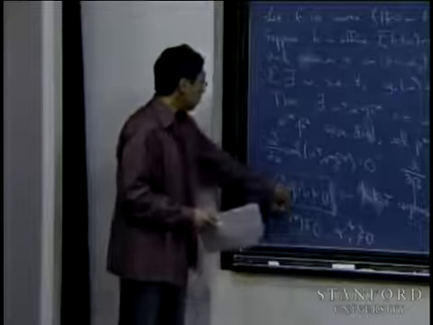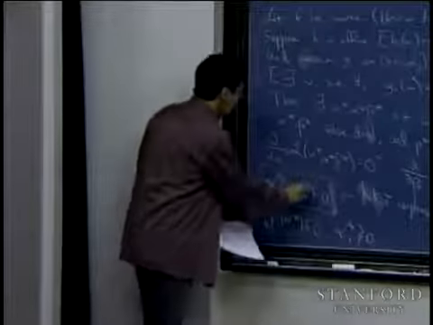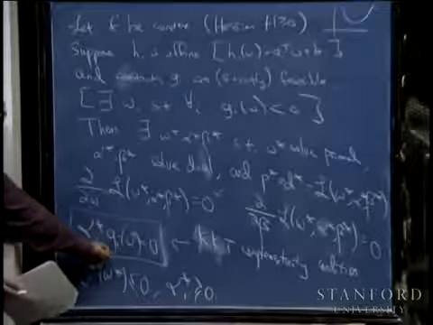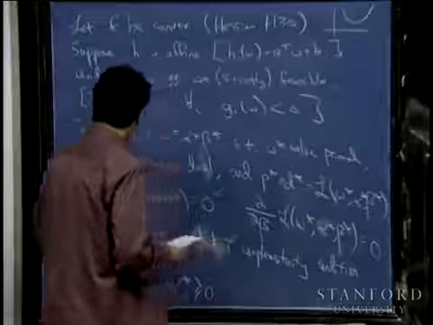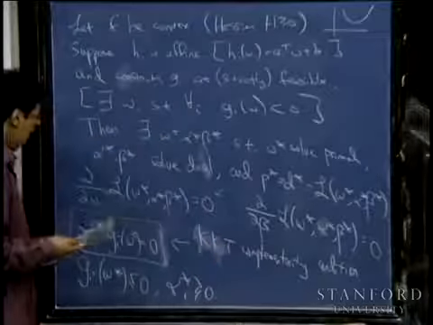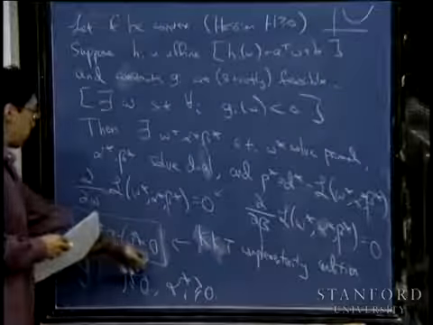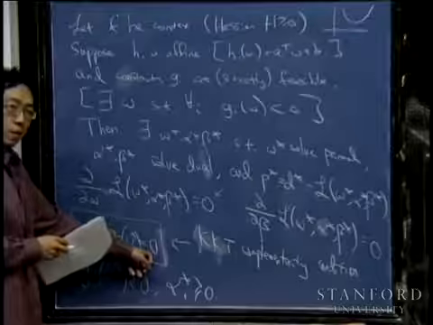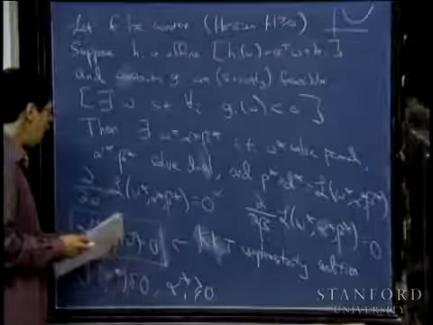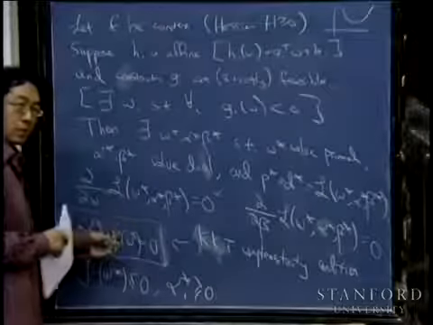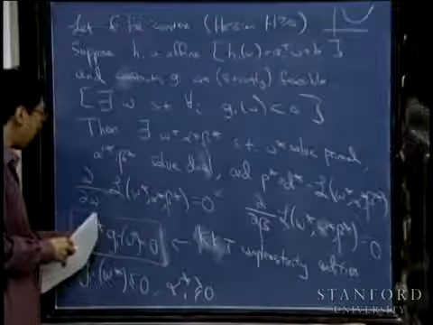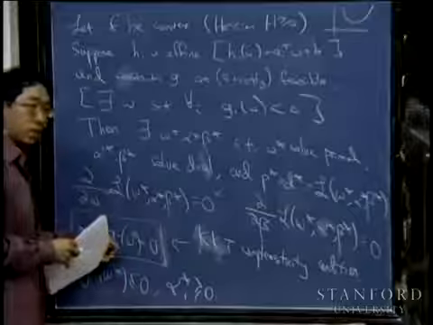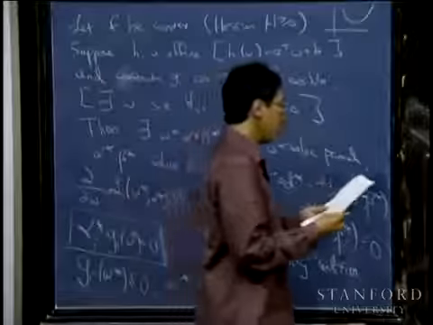That condition that, at your solution, you must have that alpha star i times gi of w star is equal to 0. So if a product of two numbers is equal to 0, that means that at least one of these things must be equal to 0, right? Either alpha i or gi is equal to 0, right?